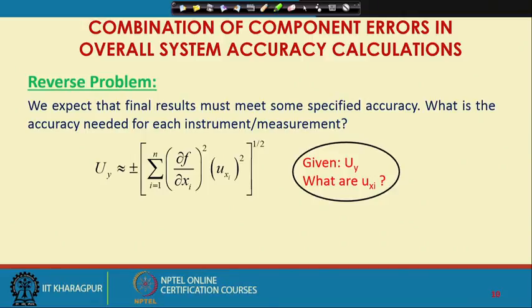Now, in this expression, in case of forward problem, u x I were known.